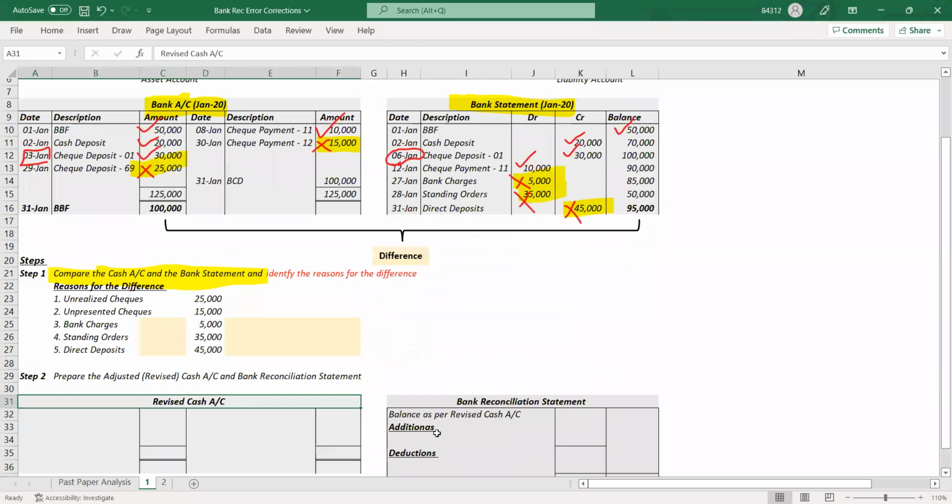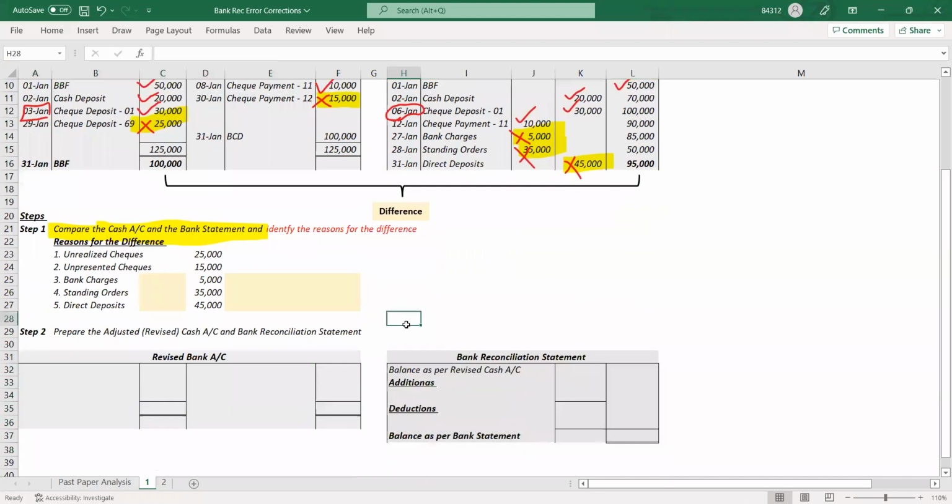If you remember, I was explaining yesterday in control accounts how to prepare the adjusted control account and the reconciliation statement. Similar to that, here also we prepare the revised bank account and the reconciliation statement.